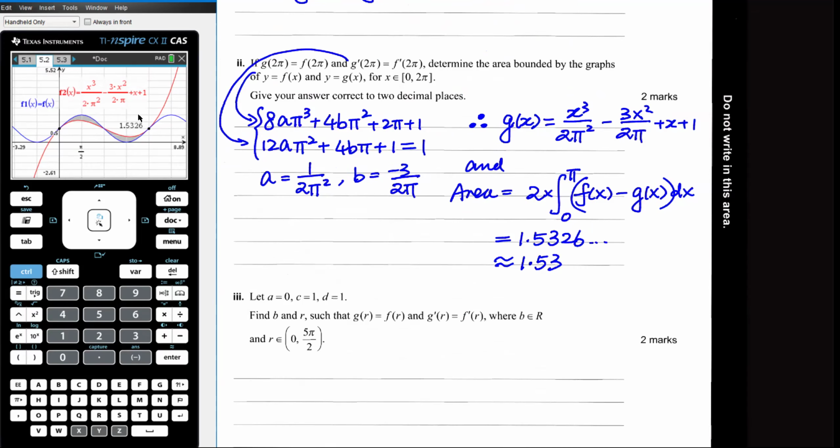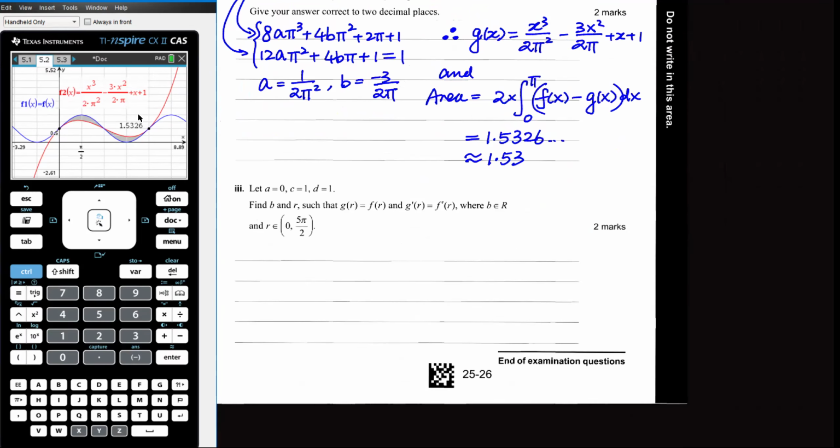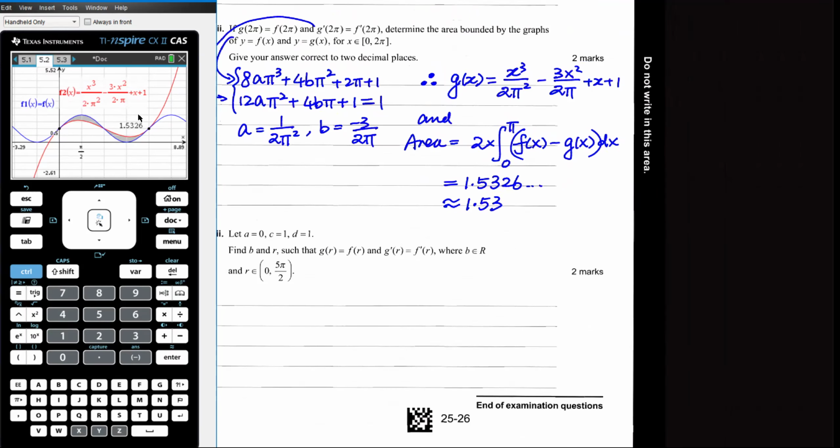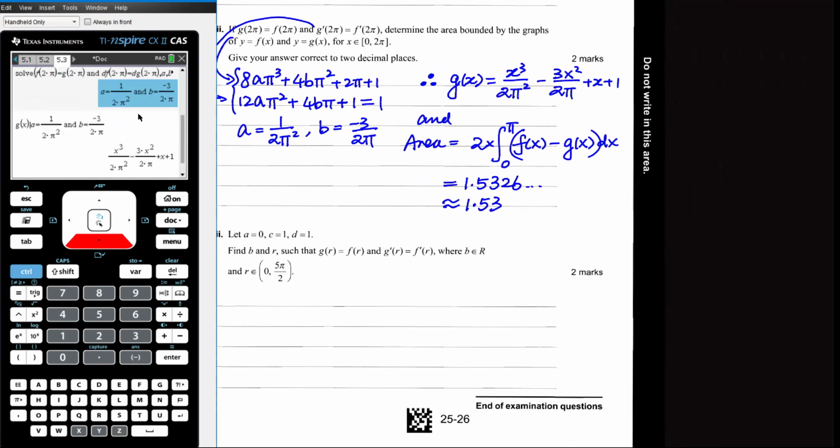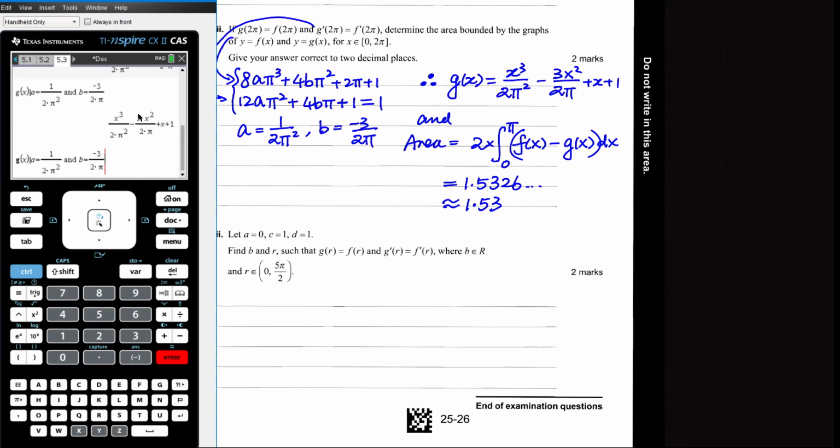And lastly, a equals 0, c equals 1, d equals 1. So if I go back and look at my g of x, but now a equals 0. We just get this function here. Let's redefine g of x as a quadratic.